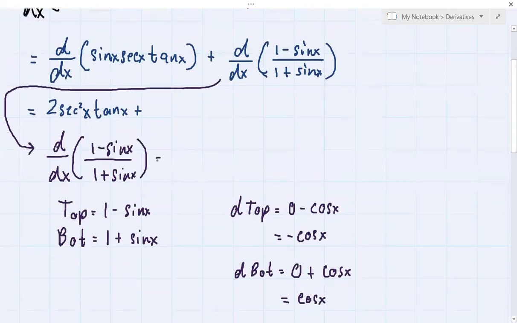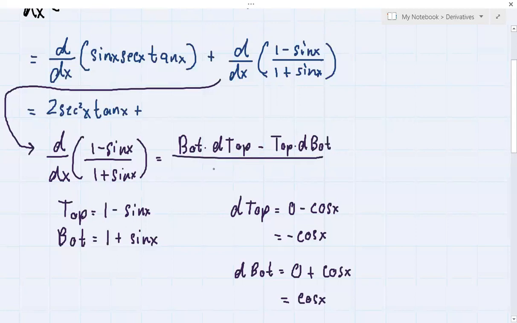And remember, the formula of the quotient rule is bot times d top minus top times d bot, all over the square of the bottom. Now let's substitute.